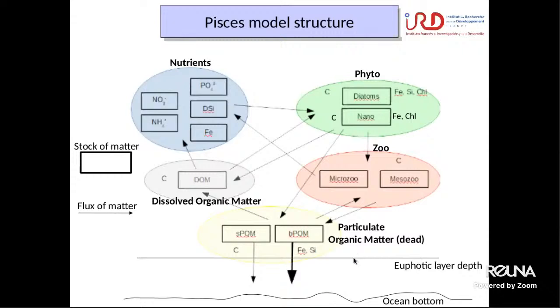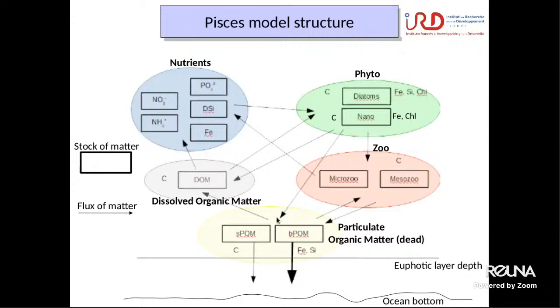If you look now at this particulate organic matter, here you have again two sizes, small and big particulate organic matter. Also in this particulate organic matter, different elements are described: carbon, iron, and silicate.